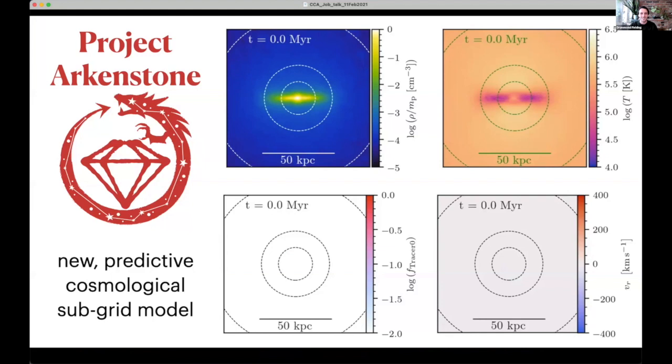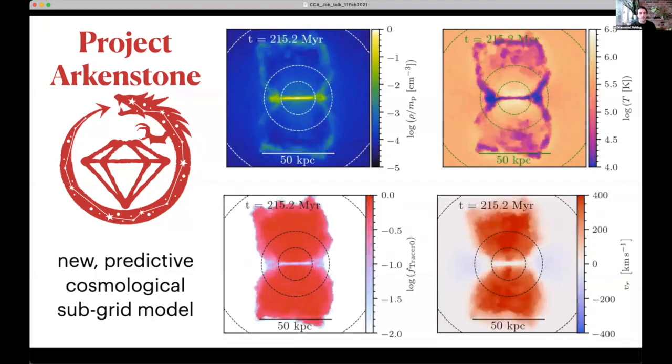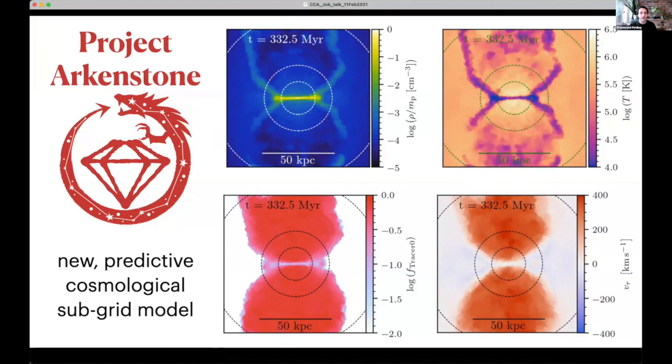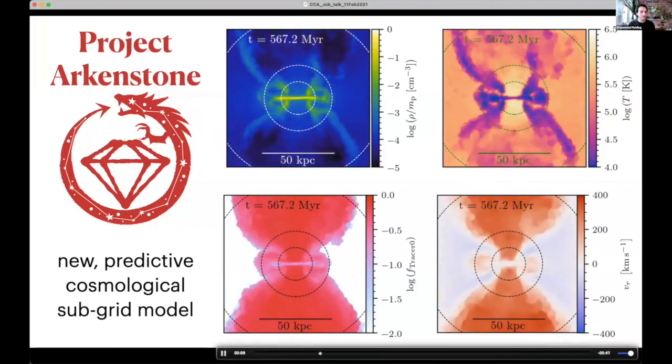Smaug's favorite toy, exactly. So what we're doing is using this model that I've introduced today as a totally new type of subgrid model. And this simulation I'm showing here on the right is meant to be impressively low resolution.